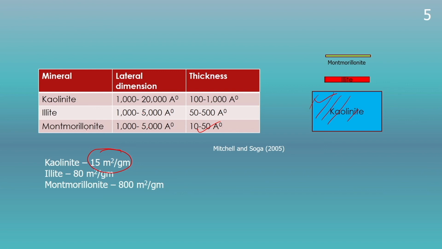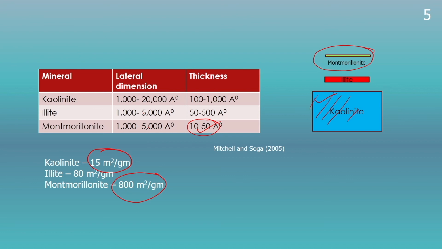At the same time, the montmorillonite will have the least particle size and the least thickness. Therefore, the specific surface area of montmorillonite will be quite high among these three minerals, in the range of 800 meter square per gram.